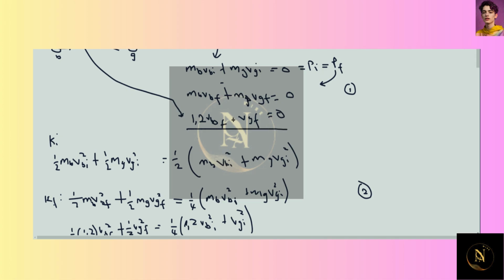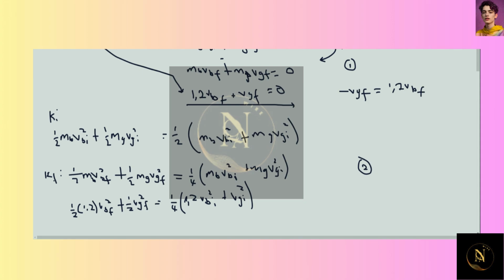Notice that equation 1 just gives you an expression that only has the velocities. So you can now choose which one you want to solve for first. So I choose to write my vGf in terms of vBf. So I know if I move this to the opposite side, negative vGf is actually going to be equal to 1.2 vBf.